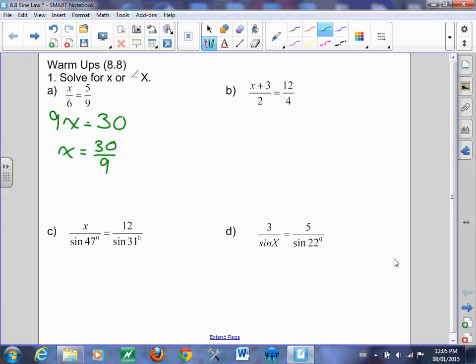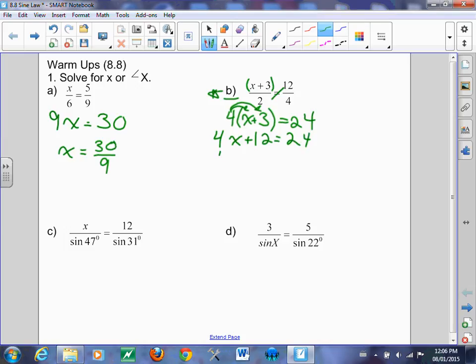Okay. This one, B, is a little tricky because the expression is a binomial up here. So when you cross multiply 4 times that, it's going to be 4 times x plus 3 equals your other cross, which is 2 times 12, which is 24. Don't forget distributive law, ladies and gentlemen. So it's going to be 4x plus 12 equals 24.